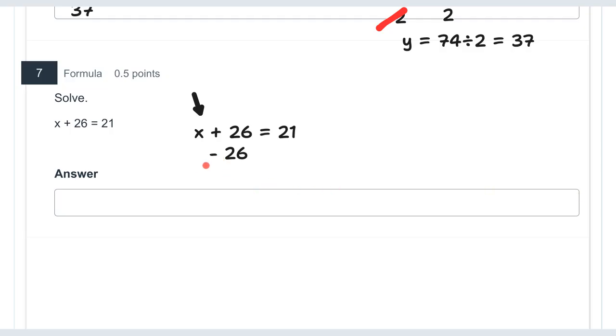And when I do minus 26 on the left side, that means these guys are going to go away. And I'll be left with x. And since I did minus 26 on the left, I then have to do minus 26 on the right.